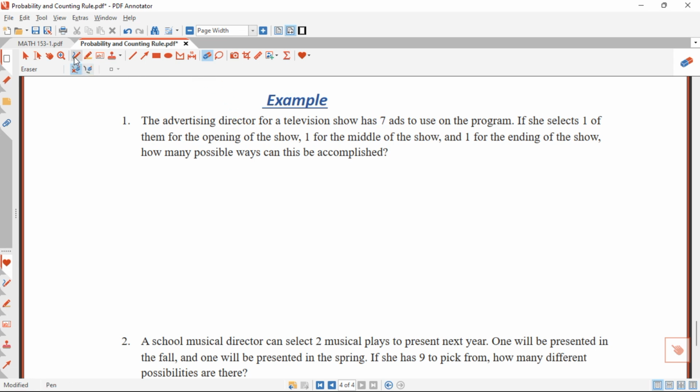So here our n is equal to 7, and our r is equal to the opening show plus the middle show plus the ending show, and we get our r to be 1 plus 1 plus 1.